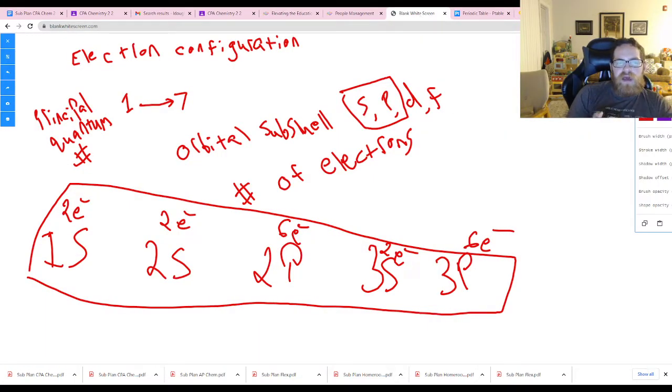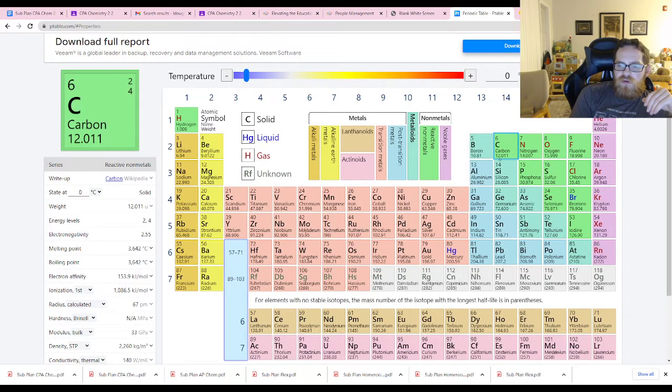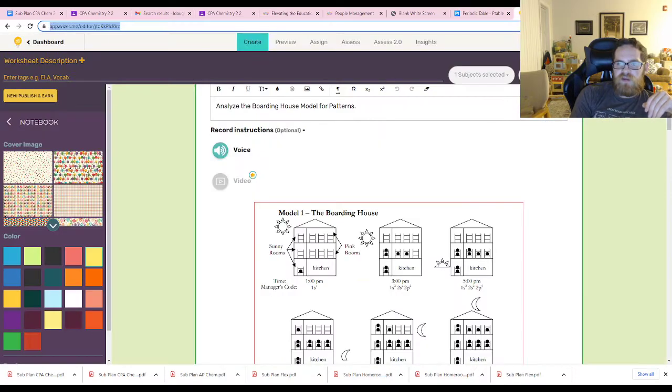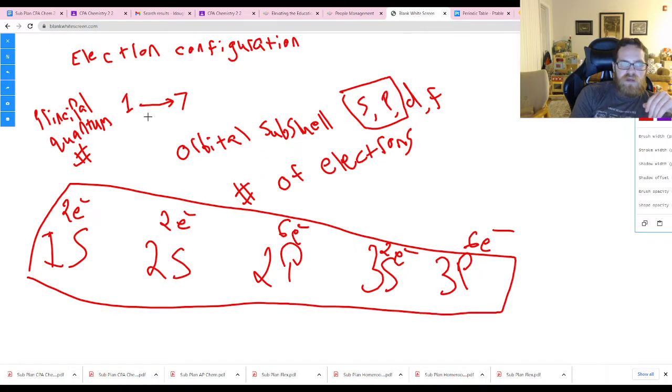But let's look at how to do each one. Let's start off by choosing an element. Let's do silicon. Silicon is element 14. That means we have 14 electrons.